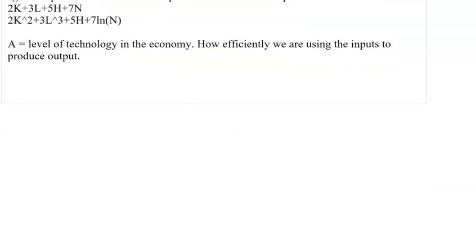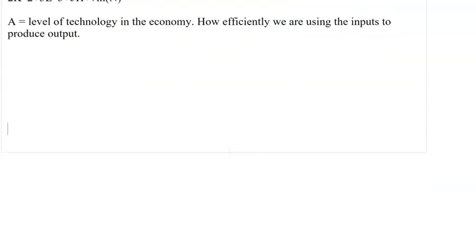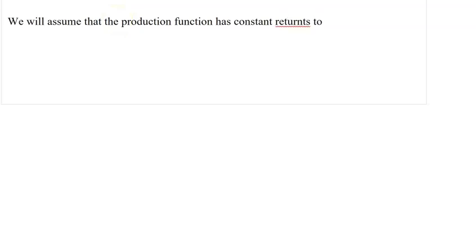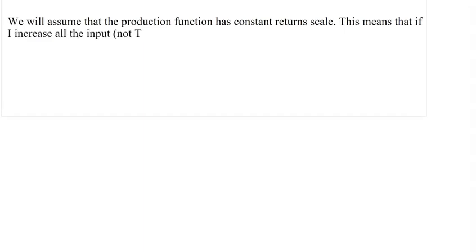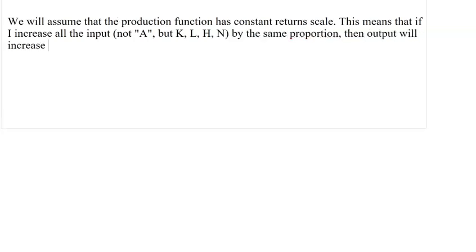Now, one thing we will assume here is that the production function has constant returns to scale. This means that if I increase all the inputs, not technology, so not A, but K, L, H, and N, by the same proportion, then output will increase by that same proportion.